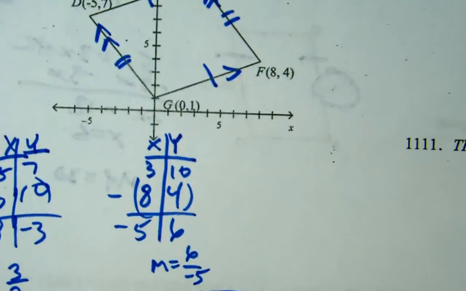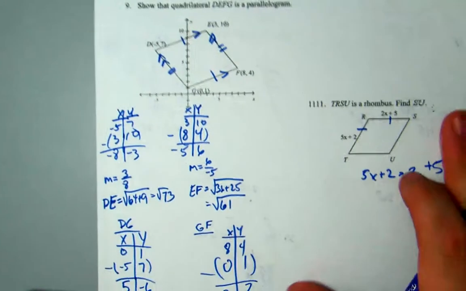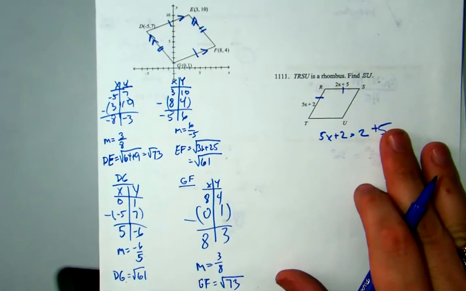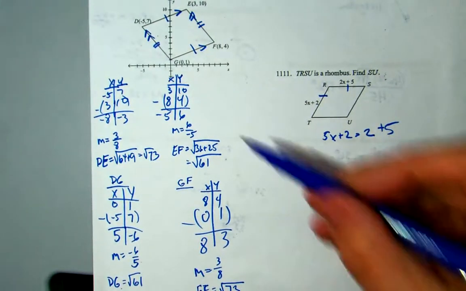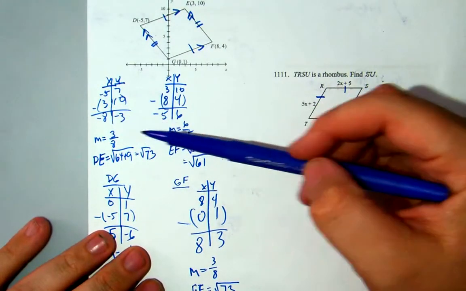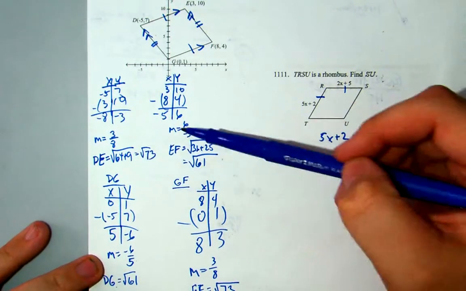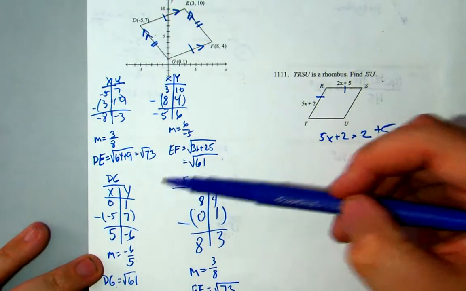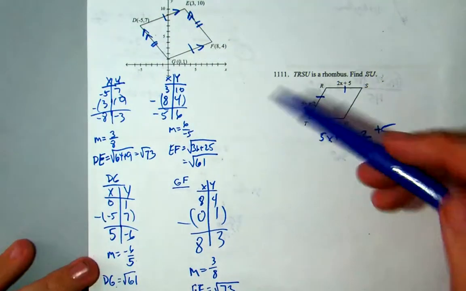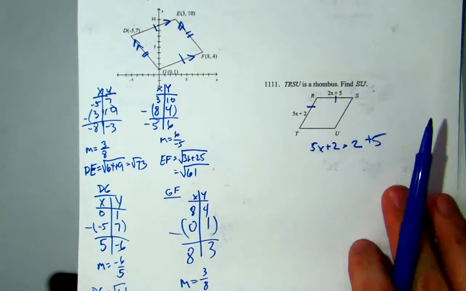Now this problem, you have to calculate lengths and distances. I'll zoom out a little bit, you can take a look. I calculated the change in y, the change in x, used it for slope, used it for distance, calculated them all. So you can pause that and take a look at the different values. Found opposite sides were equal and they were congruent.